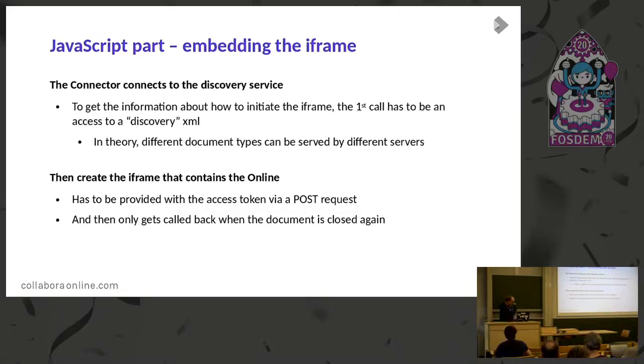For this iframe initialization, first you have to ask the server for the so-called discovery XML, which is also part of the WOPI protocol, which tells you for which document format which parameters should be passed to this iframe. Because in theory, it's possible that different document formats are served by different servers. Or this discovery XML tells the web application which document formats are supported in the first place.